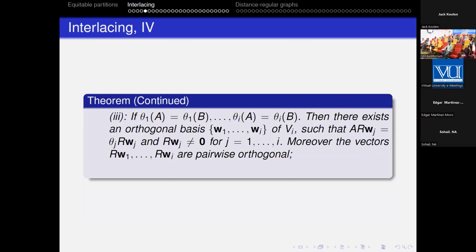What is important is 4: if the interlacing is tight, then AR is RB.